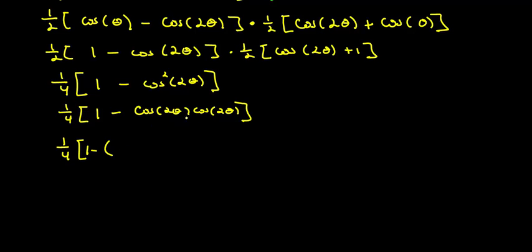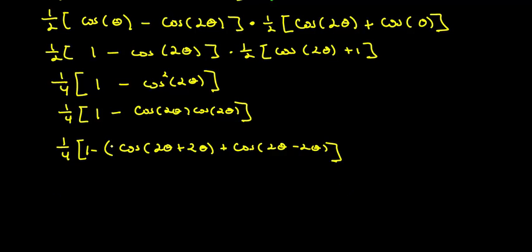Now this guy here is going to be the cosine of the first angle plus the second angle, plus the cosine of the first minus the second.